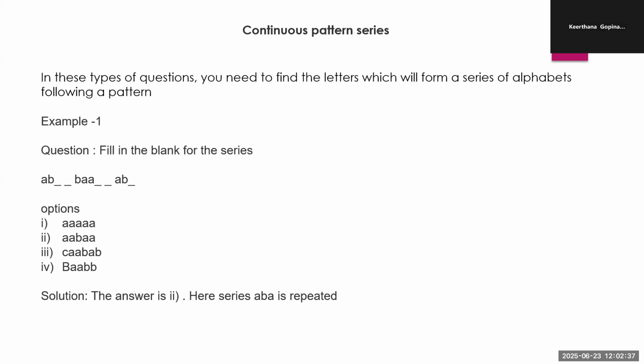So here, what will fit is ABA. So if you fill in option 2, the series will be ABA. That is the series. Are you getting it? The series which will fit all the gaps. That is what you will have to find.